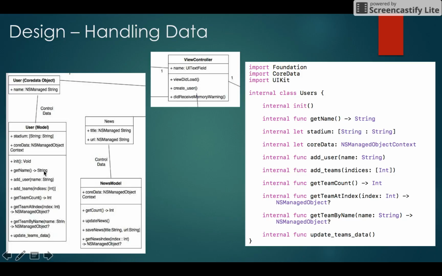So getName just returns the name of the user. addUser is when the user clicks enter on the first screen they saw when they first launched the application, to save the name.